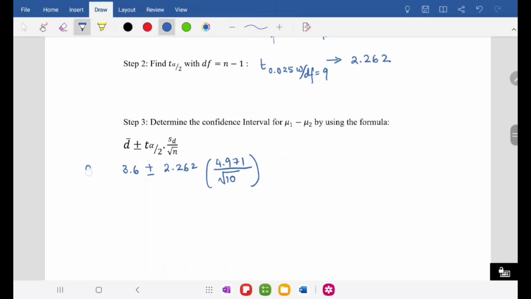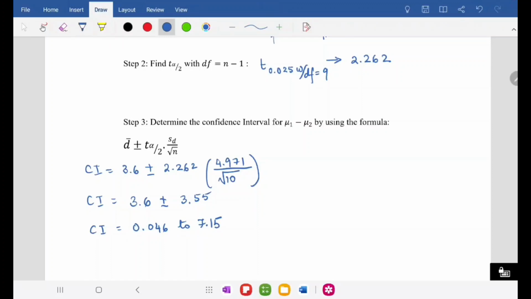So here we are finding the endpoints of our confidence interval. So 3.6, when we do this calculation of the margin of error, it's going to be plus or minus 3.55. So the confidence interval is going to be equal to 0.046 to 7.15.